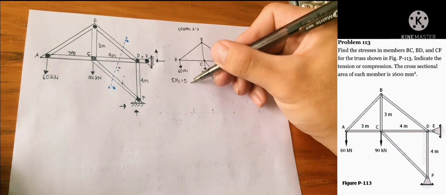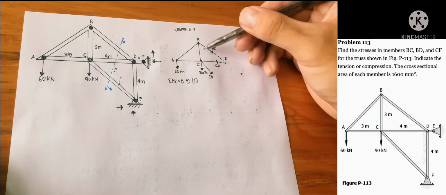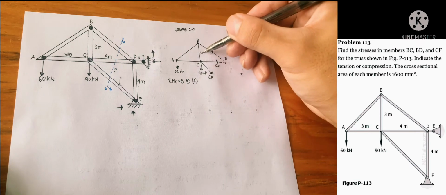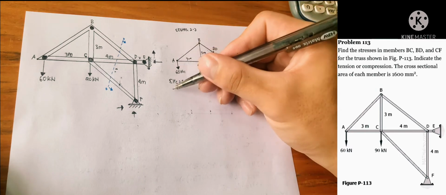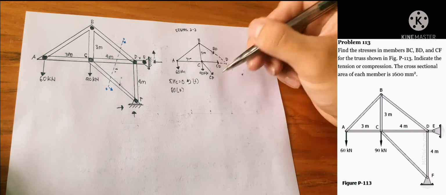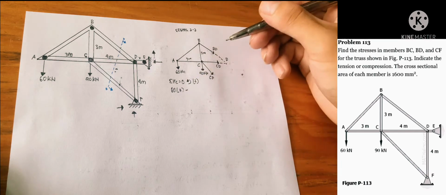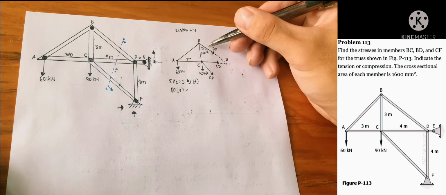So here we will take a moment at C because we can cancel out three forces that are affecting C. Now we can expose BD, and the slope is missing.